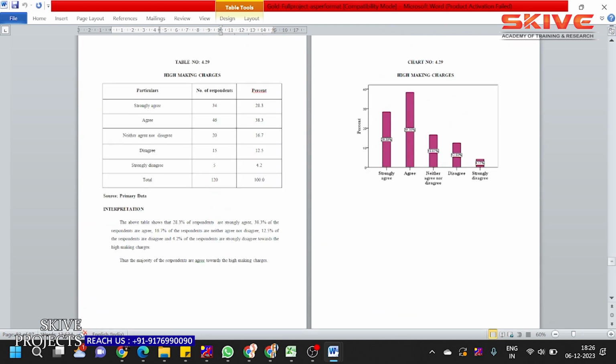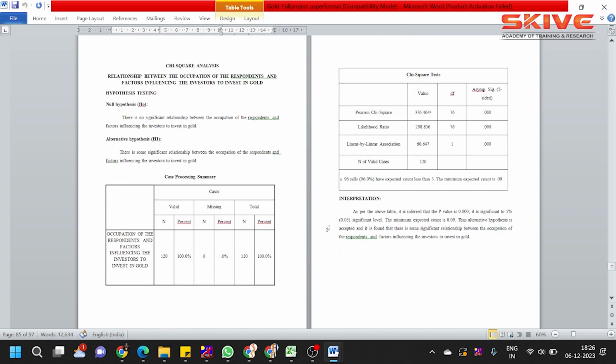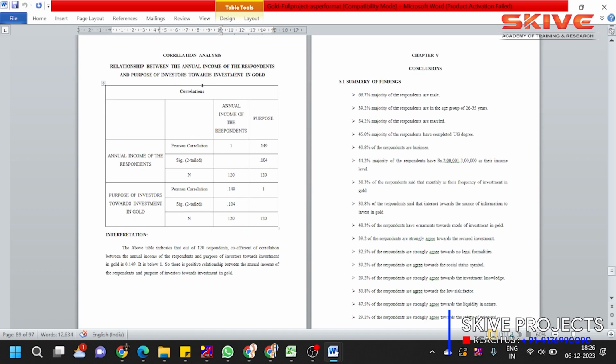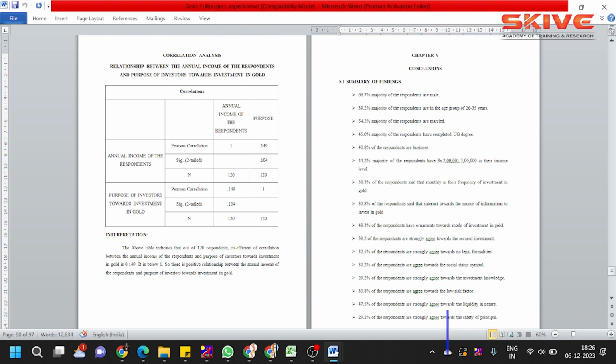The responses are given in interpretation format with graph representation. Coming to the chi-square analysis, it is made from the survey, and similarly the correlation analysis. And coming to chapter 5, which is the conclusion. The conclusion starts with the findings.